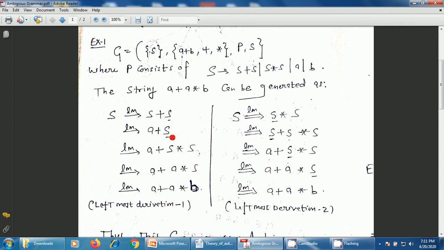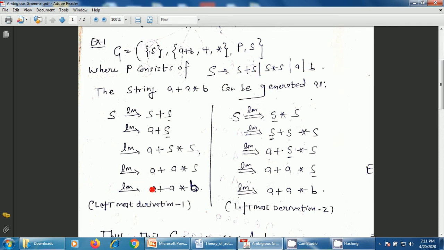In place of capital S we can write S into S, because S tends to S into S. In the next step, in place of capital S we can write a, and in place of the last S we can write b. So a plus a into b is generated by this grammar, so we can say that this string is a sentence of this grammar.